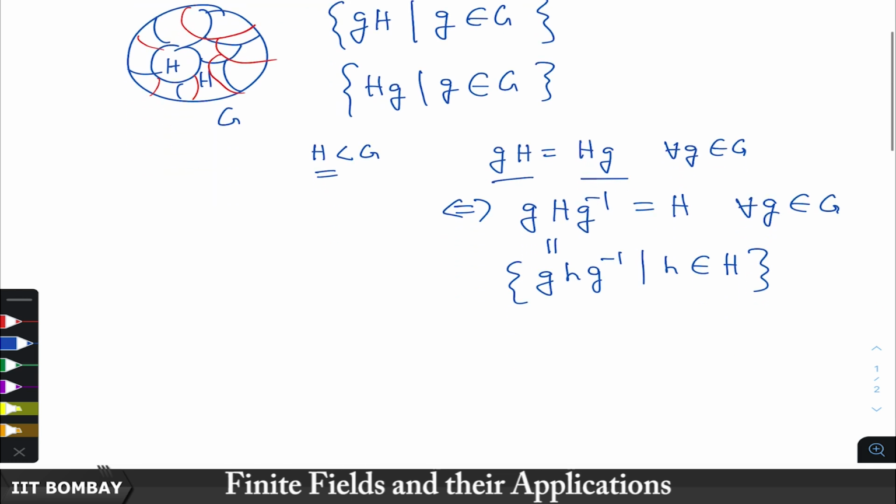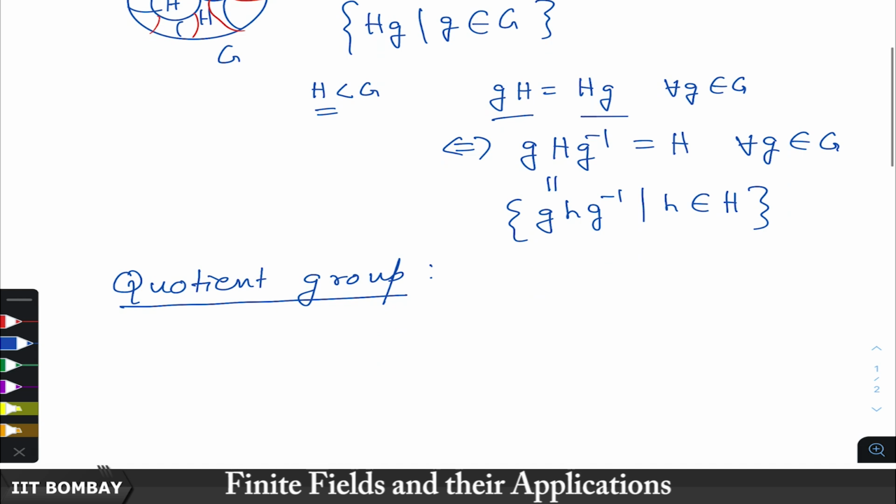Now, for a normal subgroup, we can define something called the quotient group. If H is a normal subgroup of G, then we define the quotient group.